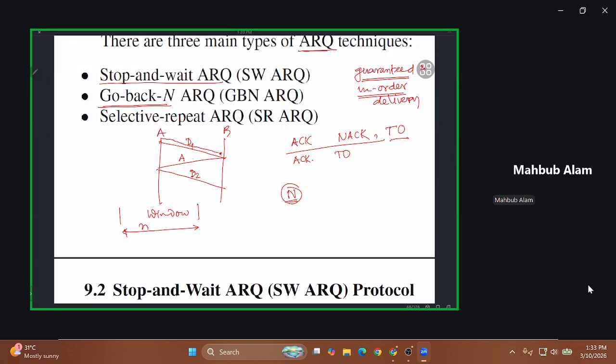Now consider packets 1, 2, 3 sent by the source one after another. If a negative acknowledgement comes with ID 2, this indicates that the sender has to retransmit packet 2 and all the subsequent packets, that means 2 and 3. The sender will then send 2 and 3 again.